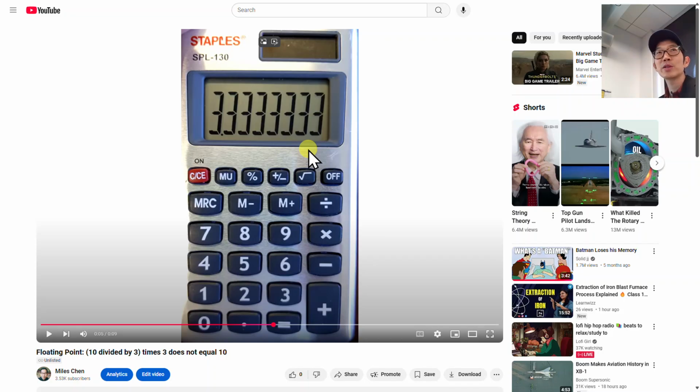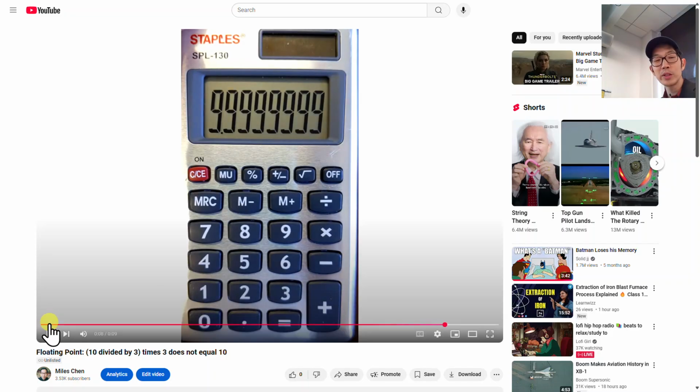You do 10 divided by 3, you get 3 1/3, and this is how we would represent this with decimals. Now, what is 10 divided by 3 times 3? The answer is 10. But when you approximate this quantity of 3 1/3 with a decimal and multiply it by 3, you get 9.99999.